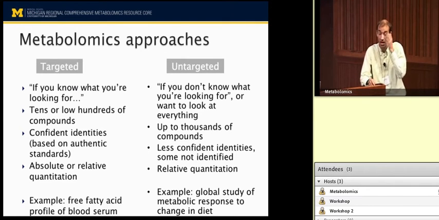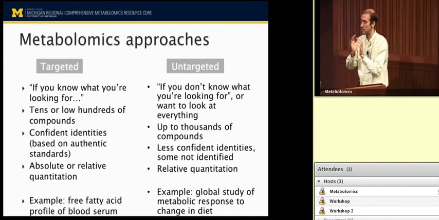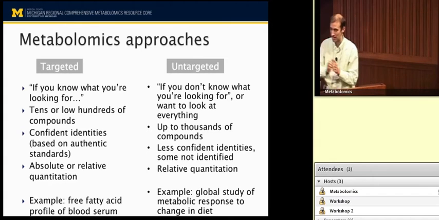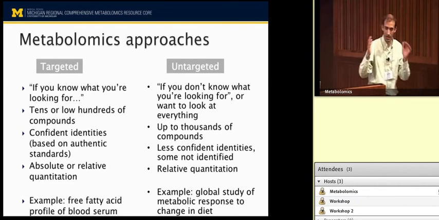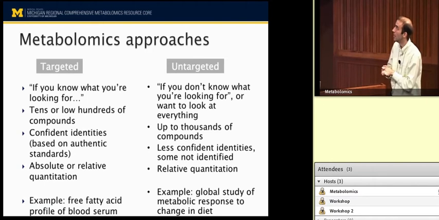Now that may mean that the sample preparation is devised to be specific to that particular class, and that's what you're really guaranteed to get. And the rest of it is with a slightly higher level of uncertainty. But the goal is that you're going to get better information about that class, and then as much as you can elsewise. But it's usually not going to be thousands of compounds, right? We're targeting a particular class.